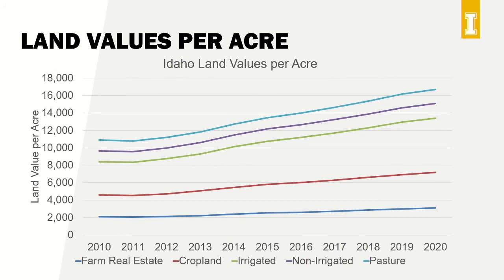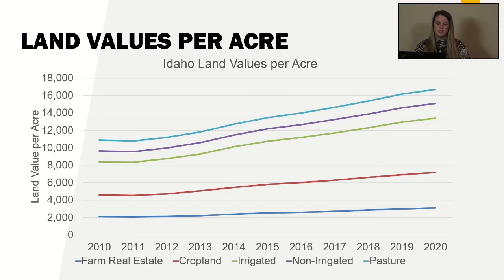So you can see the Idaho land values per acre. And so we have the farm real estate, cropland, irrigated, non-irrigated, and pasture. And all of them have increased. And so we're seeing that farm real estate is the highest because it includes buildings, with over $16,000 per acre.